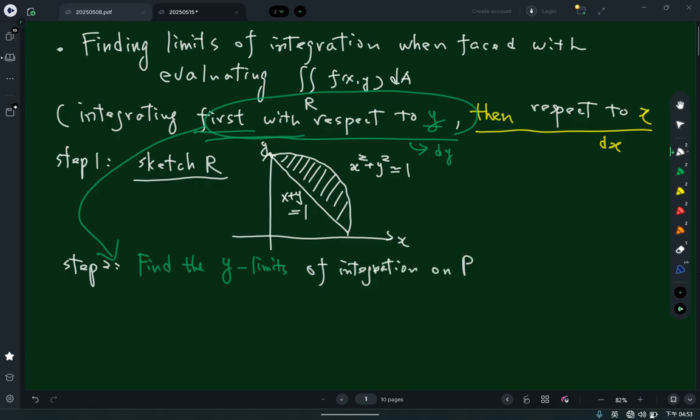on R. So in this case, we already know the region, right? We just follow step one. Okay, measure the region. So for step two, we still draw the region here.